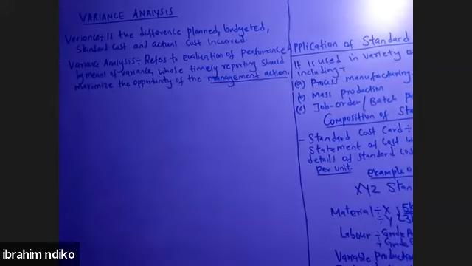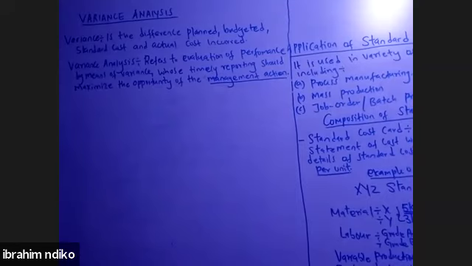Now there's a table here. I'm going to send this table in your group, then we shall go through it, because this table is quite big for me to draw here. It shows the types of variances and examples.